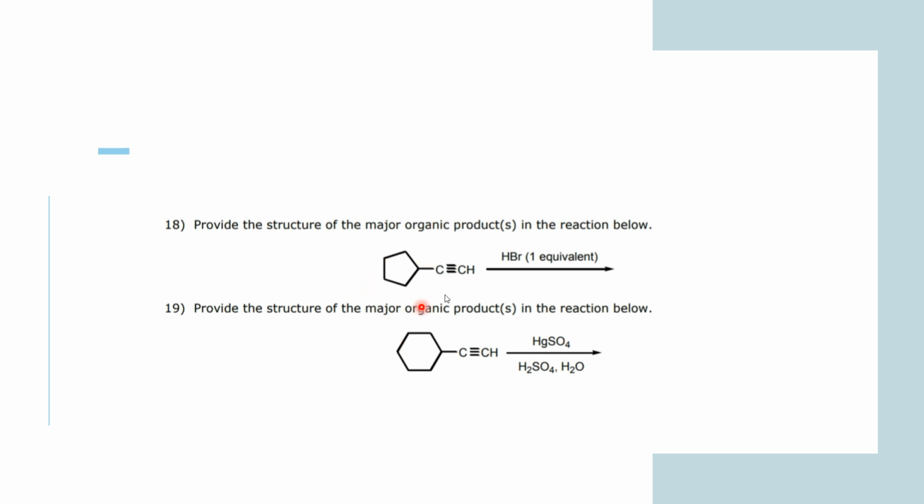On one side, you have this cyclopentyl moiety attached, and you have to react it with hydrobromic acid. This type of reaction we discussed in last week's session as well. So, we will approach the question in a step by step manner.